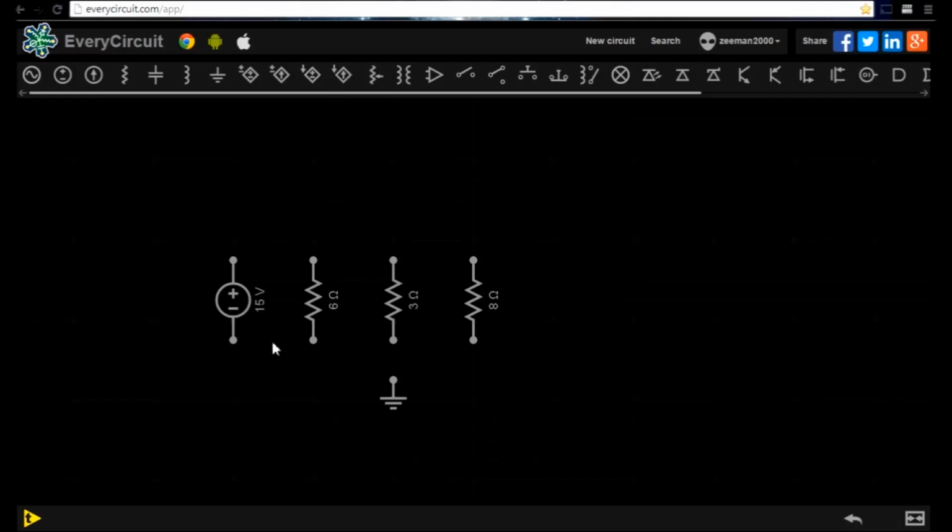To create the parallel circuit, we place each resistor in parallel to the next and connect it with the power supply. We need to again place the ground point, then adjust the resistors to the following values. Resistor 1 is 6 ohms.